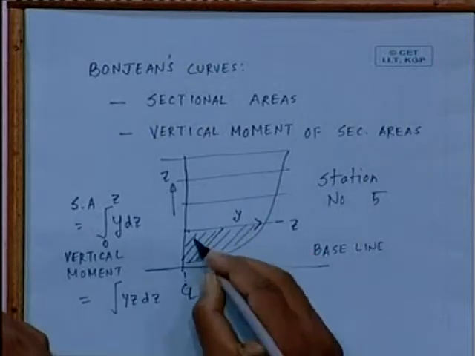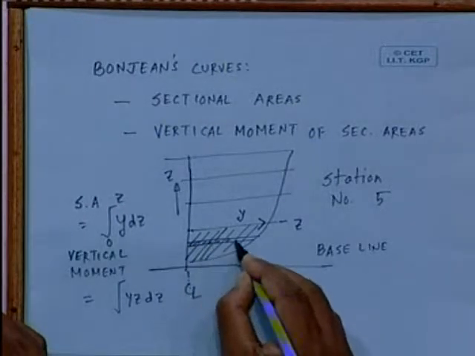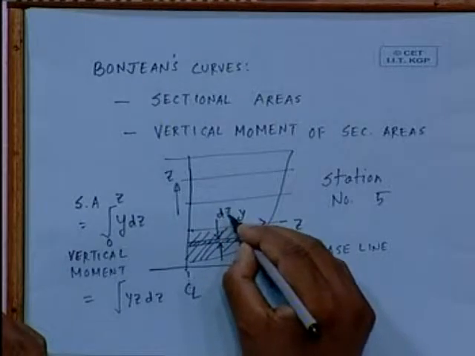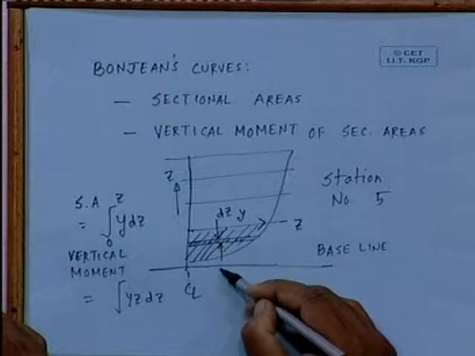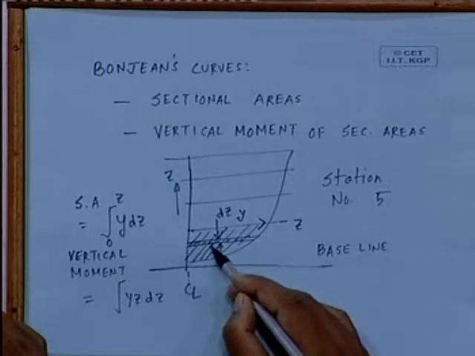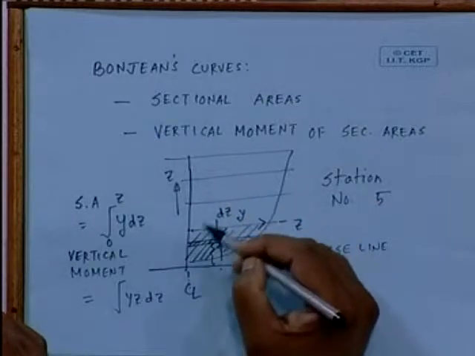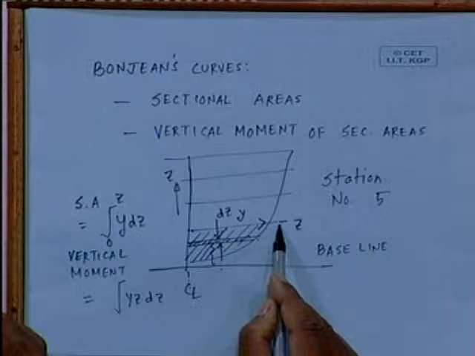Why y z dz? Because see, if you took one small strip here of a distance of say dz, then this area multiplied by this distance, which is z, that is z into y dz integrated. That will give you basically, up to a desired water line, the vertical moment of section area.